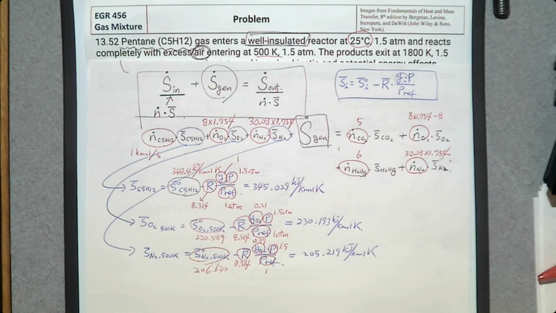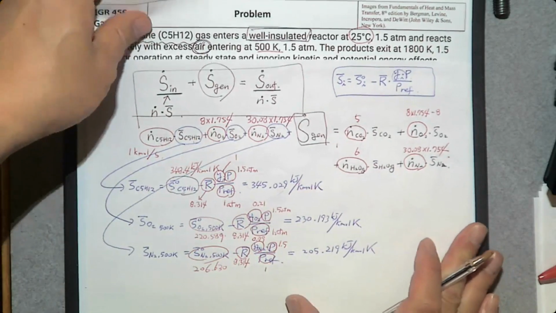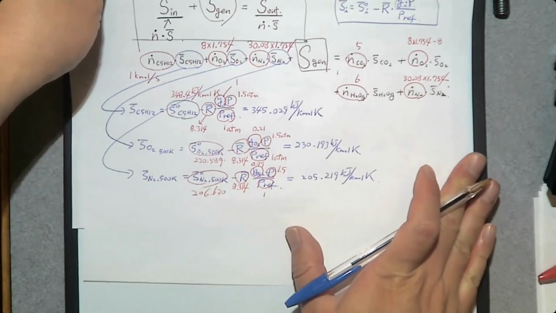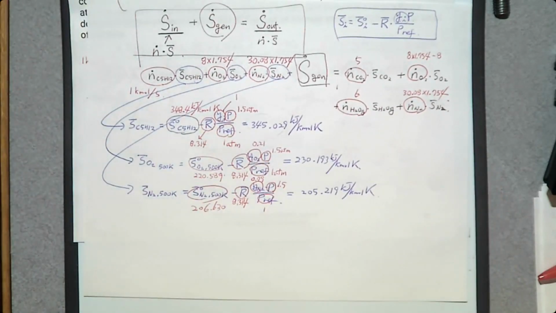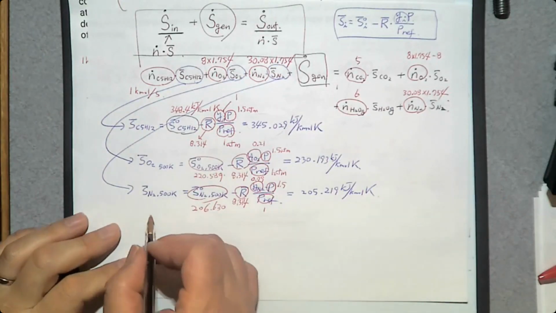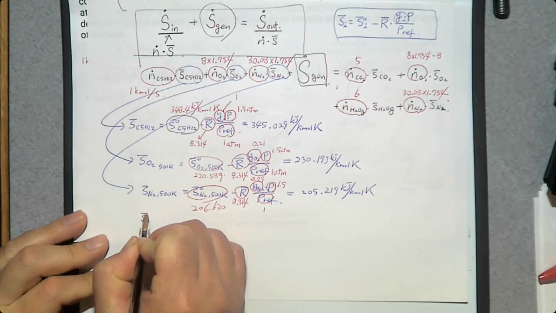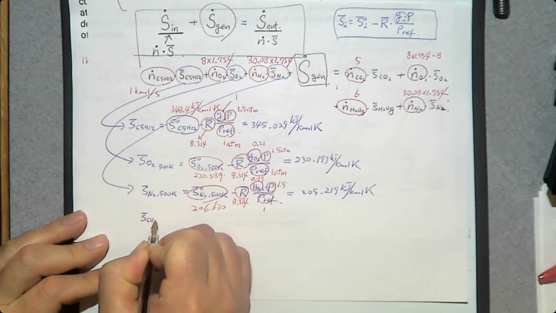Four more to go. Don't hate me because of this problem, okay? This is how we solve thermodynamics. So we have carbon dioxide, oxygen, water, nitrogen. Let's do all of them together. S bar for this time, carbon dioxide.